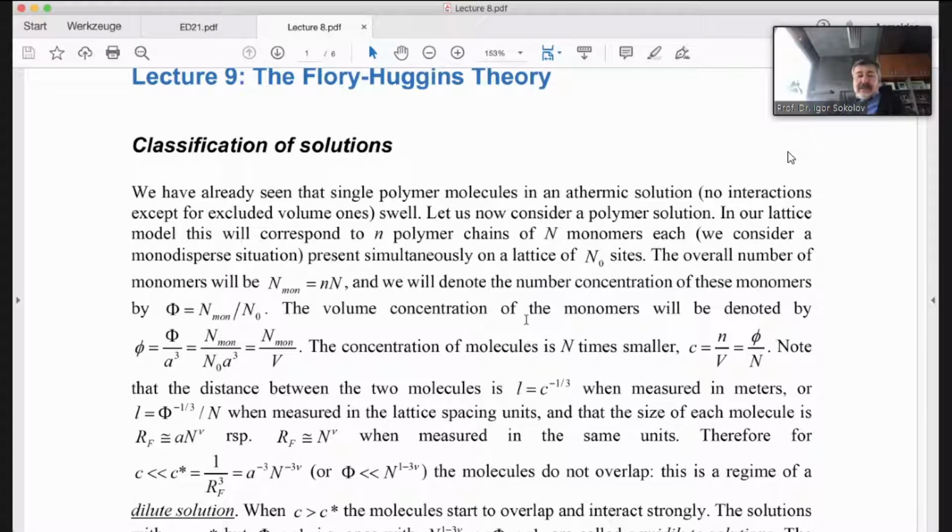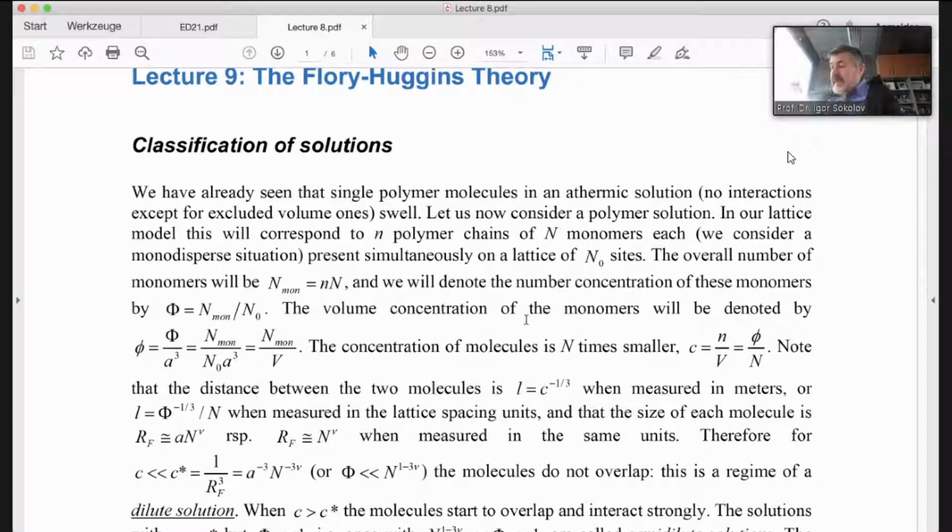So let us go on. Let's continue. Up to now, we discussed essentially single chains. It's an interesting object, but not a very important object from the point of view of technology, of life science, of whatever, because you always have many of them.